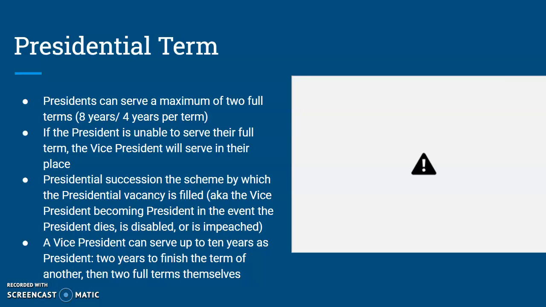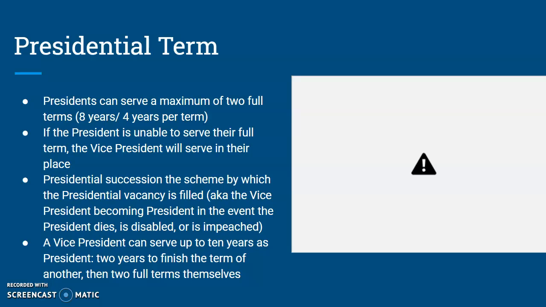Presidential term. So we've talked briefly about presidential terms. They can serve a maximum of 2 full terms, 8 years, 4 years per term. If the president's unable to serve, the vice president, of course, takes their place. Presidential succession is what that scheme is called, when the vice president becomes the president in the event the president dies or is disabled or is impeached.